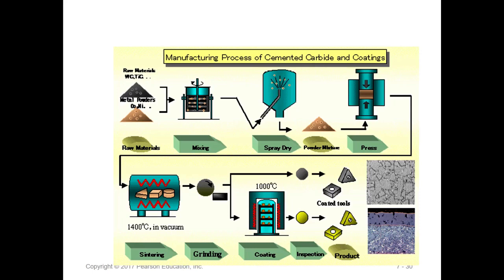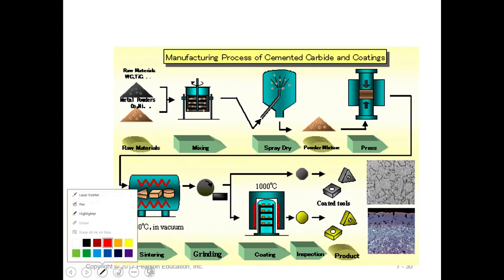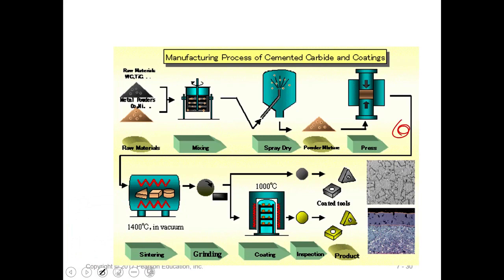And the next one, after the press, after you get the shape you want to make, it is still a green product. In order to make the real solid product, you have to put it in the oven. This is the vacuum and the sintering process.